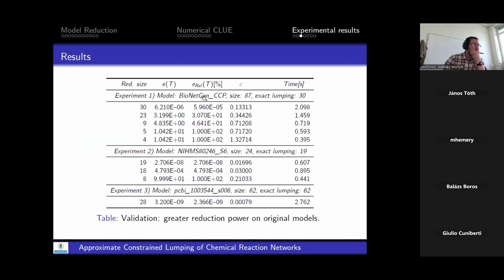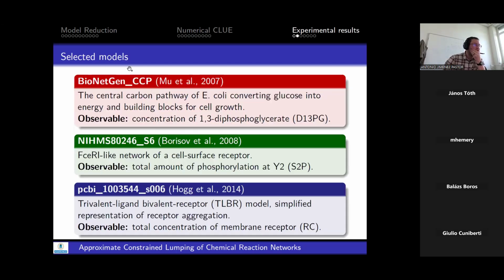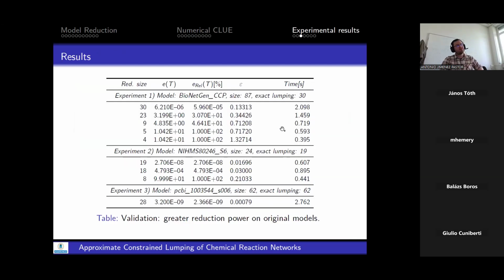In the first experiment, the one with the BioNetGen model with this D13PG, it's a very interesting result because here we see in this column over here the value of the epsilon that we were working with, and here in the first column the size of the reduced model we got when we applied numerical lumping with this epsilon.